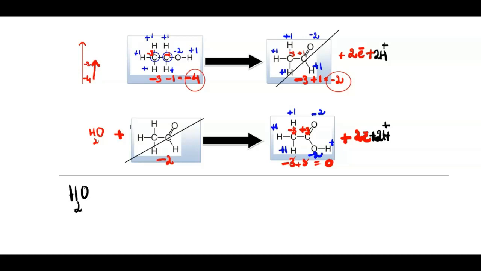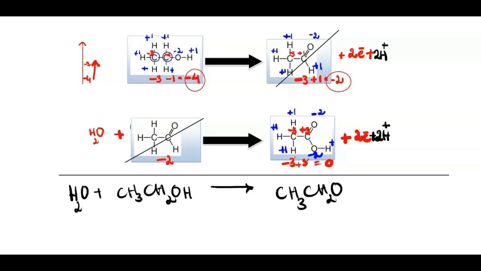We get water here, we get ethanol here, CH3CH2OH goes to ethanoic acid, which is CH3COOH, plus 4 electrons, and 4 hydrogen ions.